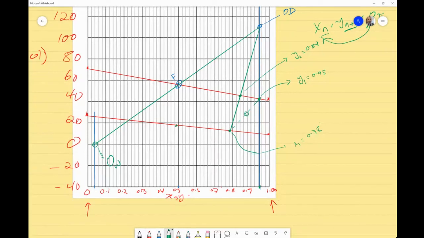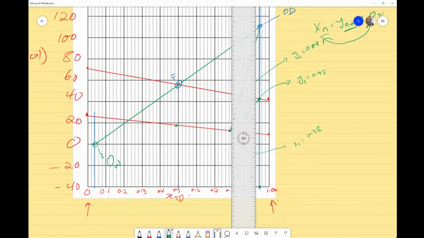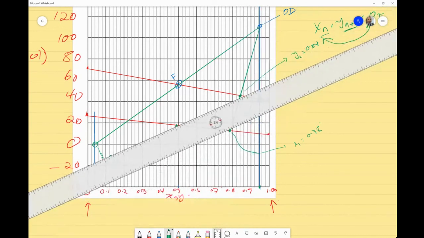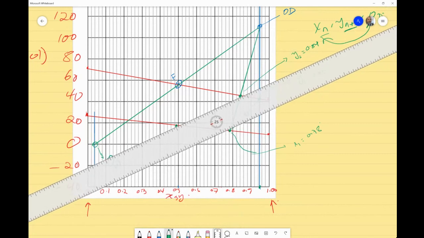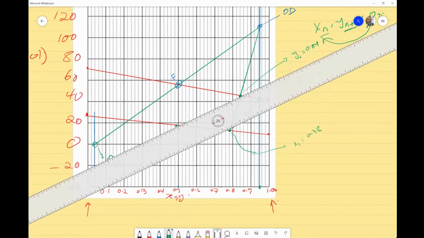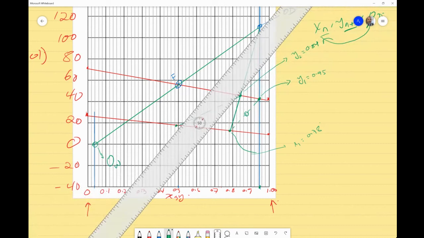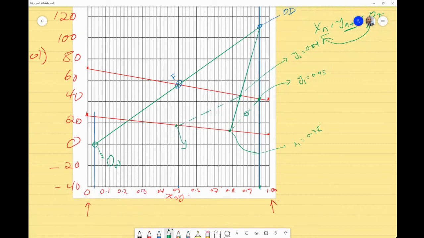And then I'll have to connect these two points together, and that will represent the other tie line. And then I connected this one. Now that will represent what? This is Y2, and this is going to be X2 here.